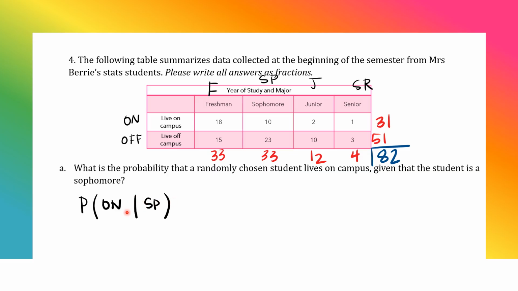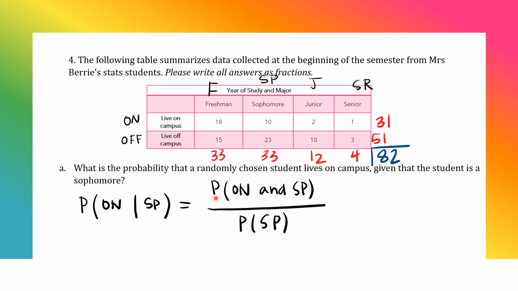All right, so we're going to apply our formula, which says that this is going to be equal to the probability of living on campus and being a sophomore divided by whatever comes after the given line, so the probability of being a sophomore. All right, so let's look at just the numerator first, on campus and sophomore.